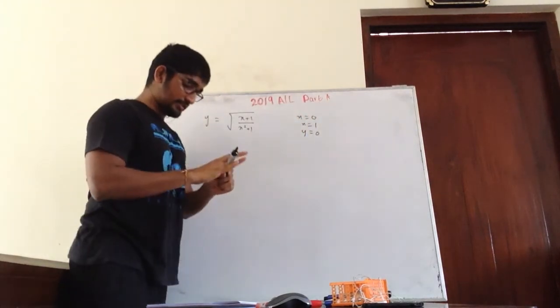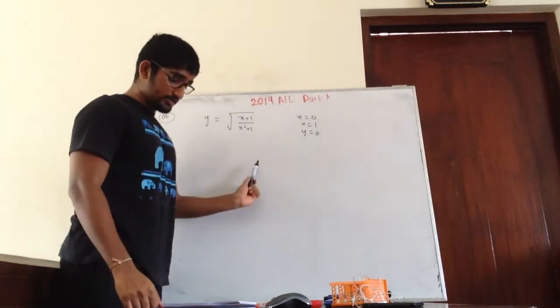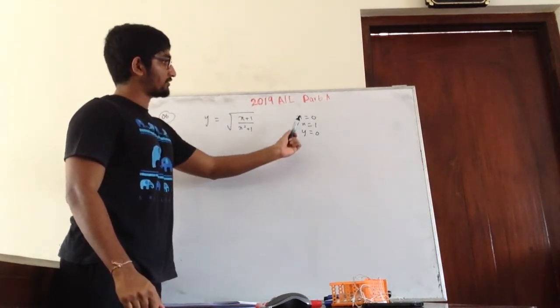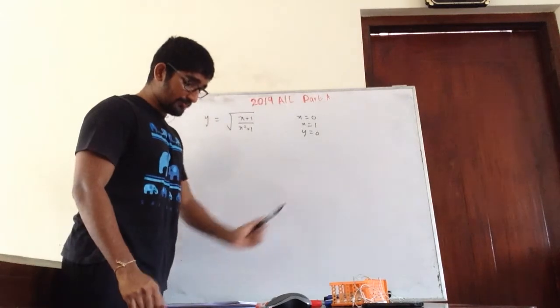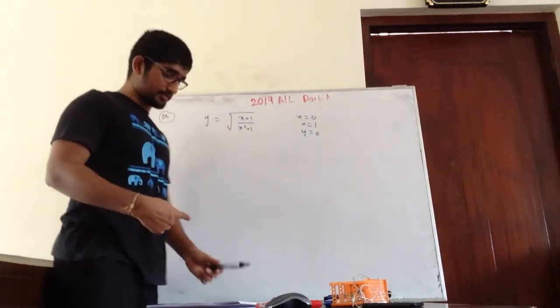So the region enclosed by the curve y equals this, x equals 1, x equals 0, y equals 0 is rotated, right, is rotated around the x-axis, right.